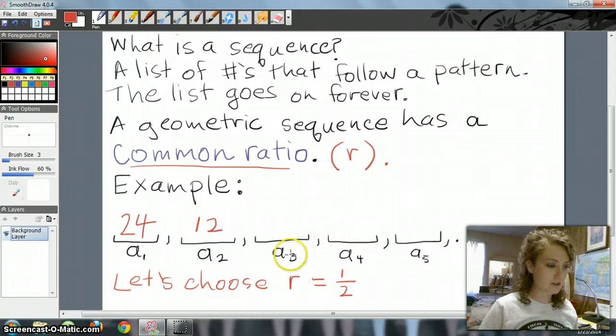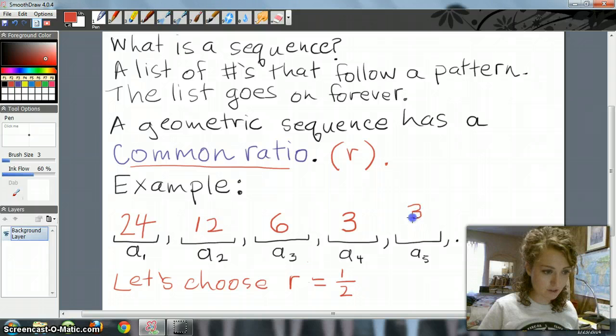Now to get the third term in the sequence, we take the second one and times it by 1/2. So the third term will be 6. To get the fourth term in the sequence, we times the third one by 1/2. Which leaves us 3. And to get the fifth term and the last spot that I kept in the list, we times the fourth number by 1/2.